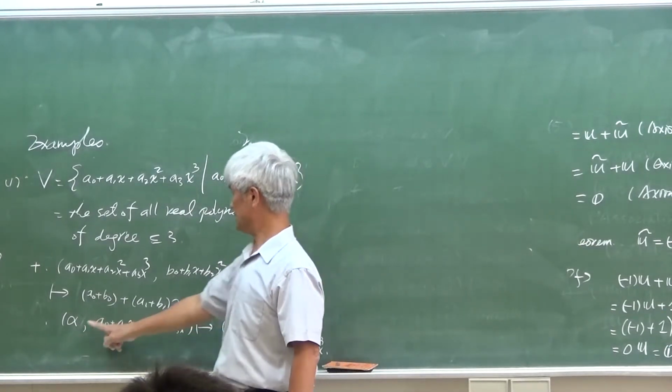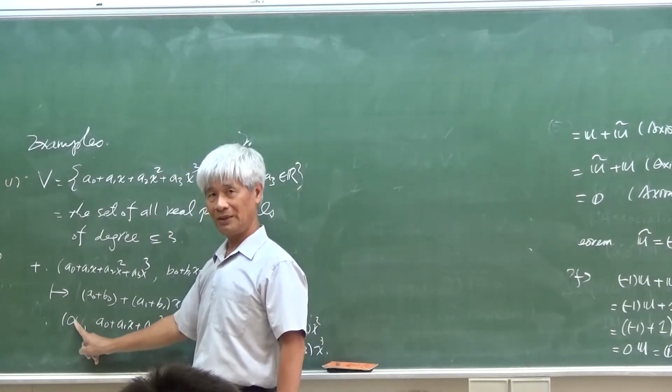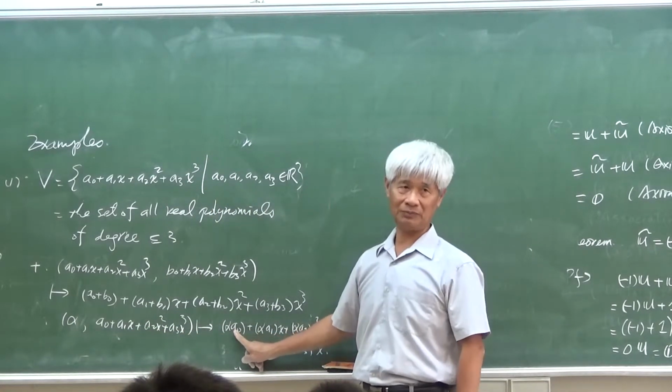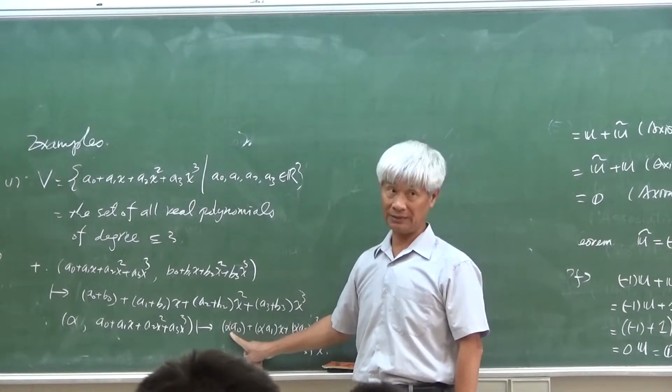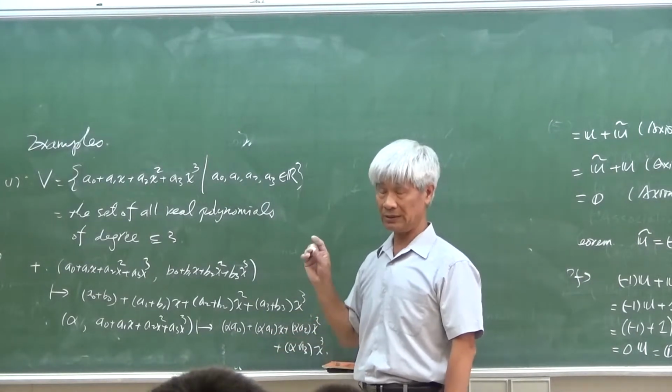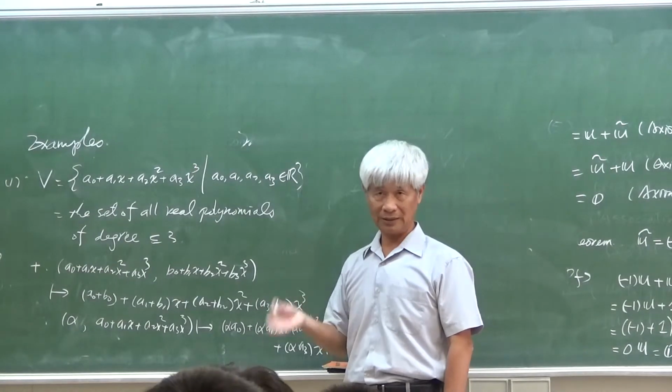And how about the unit property? If the scalar is 1, then you will not change the coefficients, because 1 times A0 is A0, 1 times A1 is A1. So the unit property is satisfied automatically.